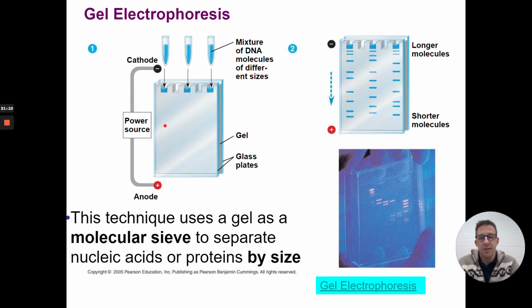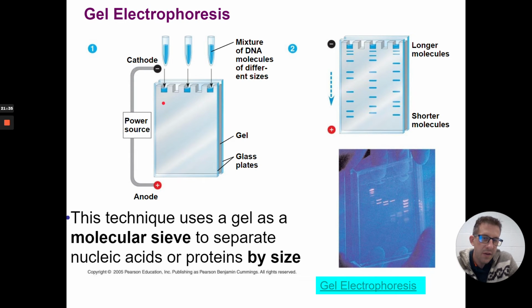Now these gels, they're porous. They have holes in them, okay? So the little chunks of DNA are going to work their way through these gels, and you're going to see chunks of DNA that are migrating from the negative end to the positive end because DNA is negative and we've got the negative electrode down at this end.